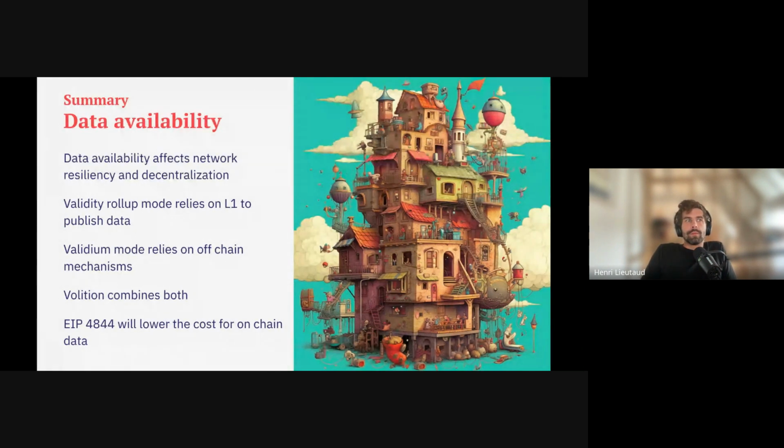And I'm not sure anyone has found a silver bullet there yet. 4844 will surely be an interesting add-on to Ethereum, and we'll see what effect it has. Validity rollups use L1 for data publication. Validiums use something cheaper off-chain. Volition is a construction that combines both. That's the main outcome I wanted you to remember here.